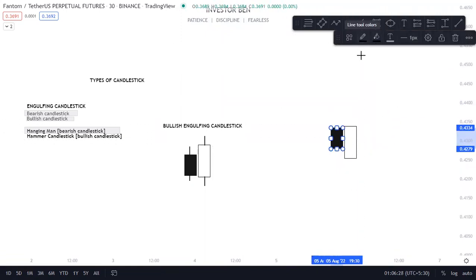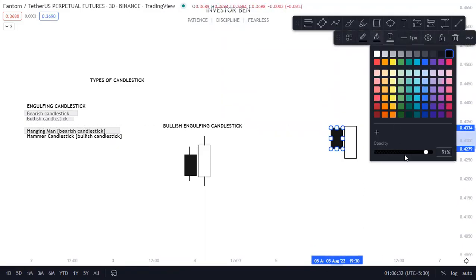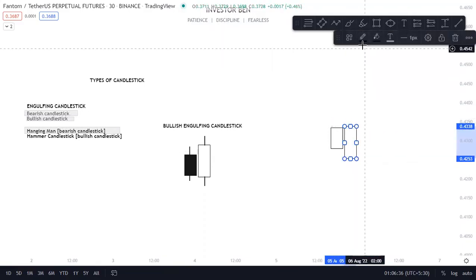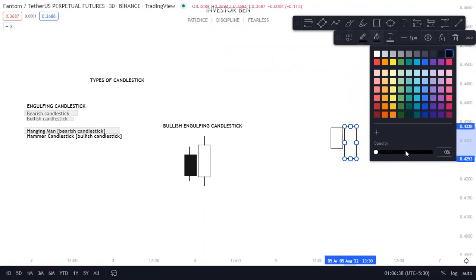This is it for the bearish candlestick, but it is actually the opposite of this one, meaning this thing that is here isn't necessary. Instead, it is like this. Let me finish with the colors.